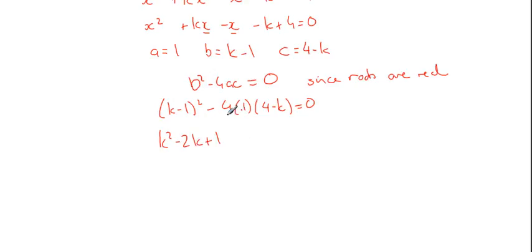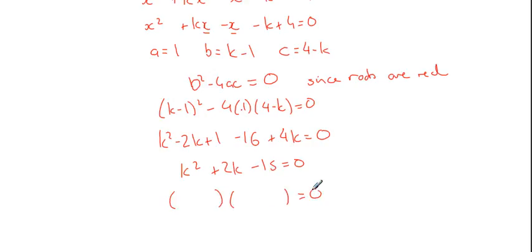And then minus 4 times 1 is just minus 4. Minus 4 times the 4 is minus 16. And minus 4 times minus k is plus 4k. Tidy that up: k squared plus 2k minus 15 is equal to 0, which is a trinomial that factorizes.